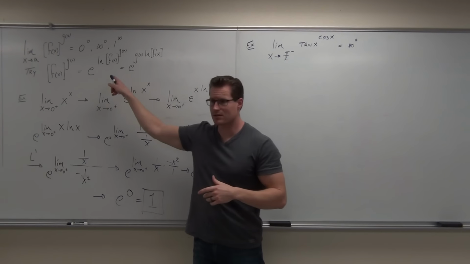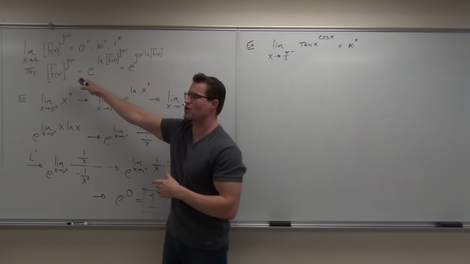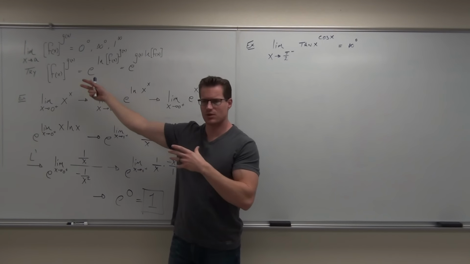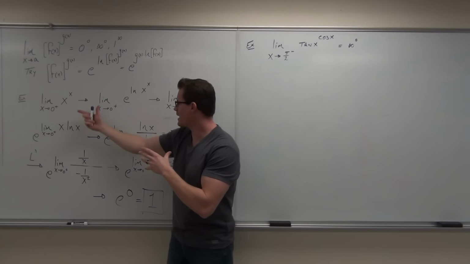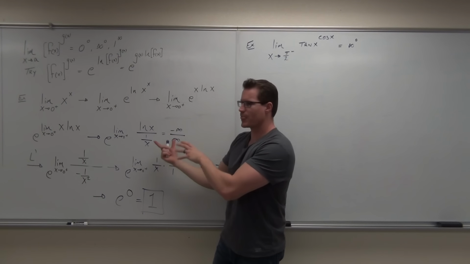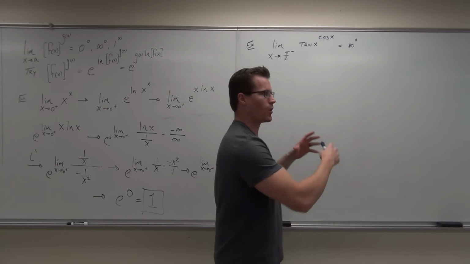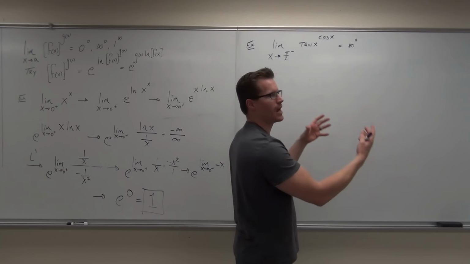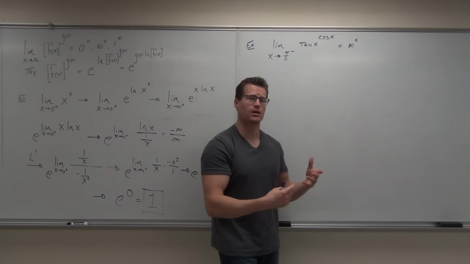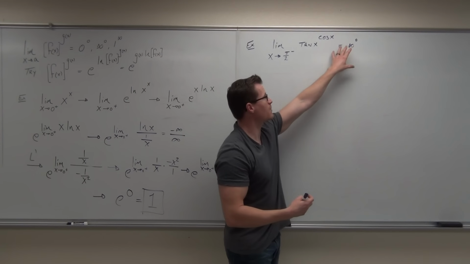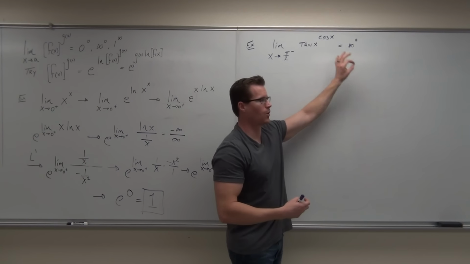That's why I said try this for each of these cases. Because if you can rewrite it as infinity over infinity or 0 over 0, then we can use L'Hopital's rule. So we're always trying to get these things down to an indeterminate form which we can work with.